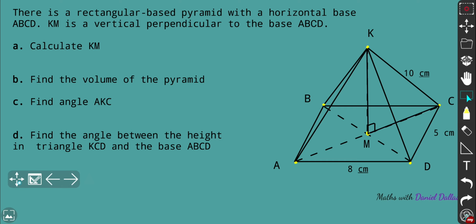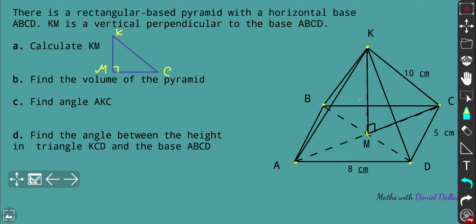So what we're going to have in KMC in 3D, actually you need to go to the 2D case, and I'll show you how it can be done. We can drop out triangle KMC, which is right-angled, and I recommend drawing it separately if you get confused in 3D.